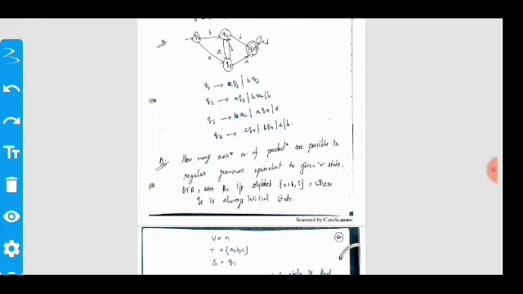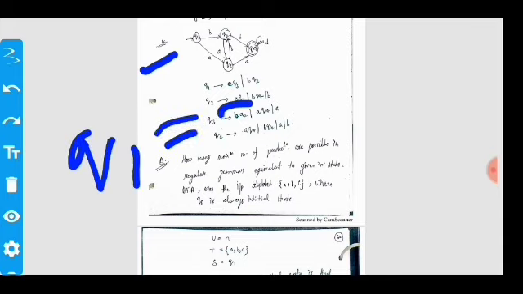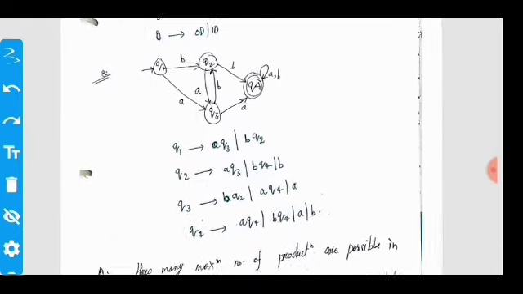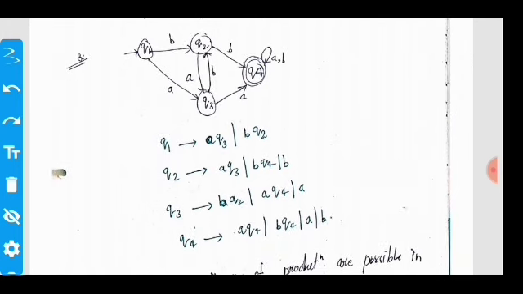Here Q1 is the initial state, so the starting symbol is Q1. Now what are the productions according to this transition diagram? From Q1, the initial state, when we give a it goes to Q3, and when we give b it goes to Q2, so we write it like this.